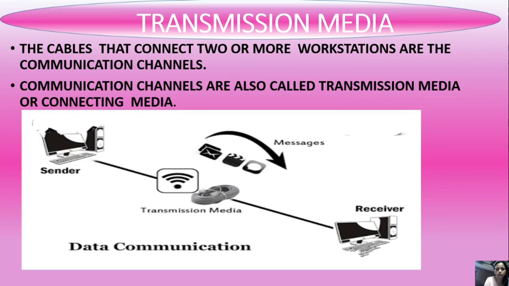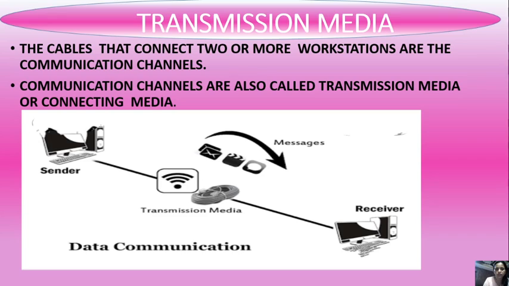Before starting the topic, first we should know about transmission media. Here one image is given. You can see in the left top corner, sender PC is there, and on another side receiver PC is there. Sender means we can say source system, source computer, and receiver means destination system.